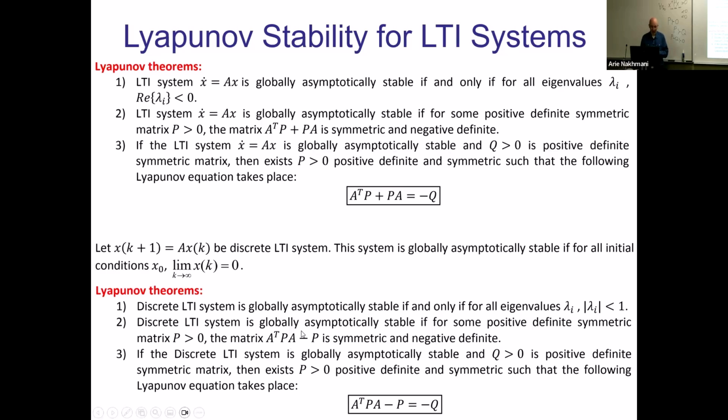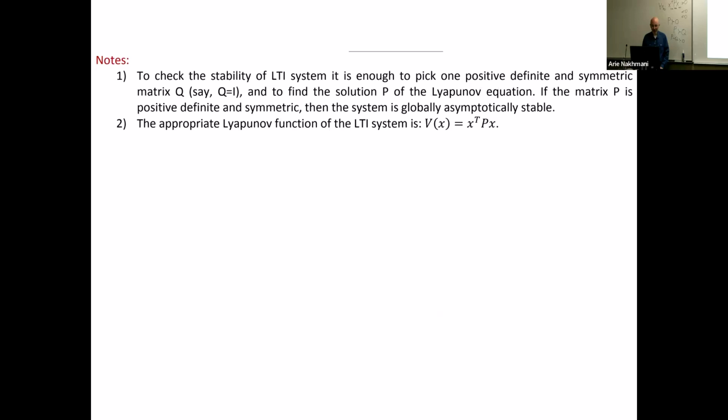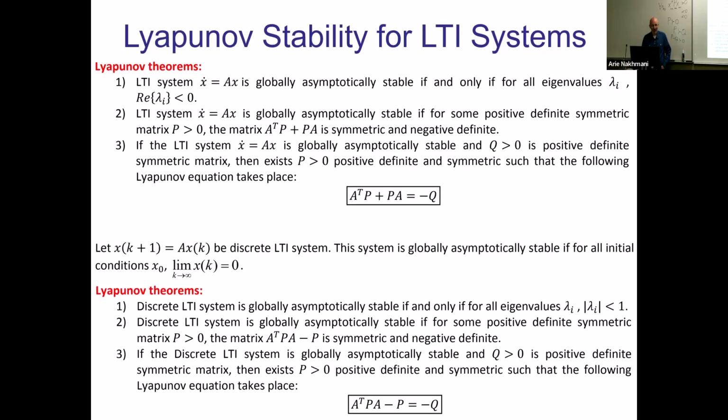So if this one equals minus I and gives you a positive definite solution, then your system is asymptotically stable. And this is equivalent to that thing. Again, if and only if, in both directions. All right. A little bit tricky, but doable, I think. And we have a few comments on that. Any questions so far?